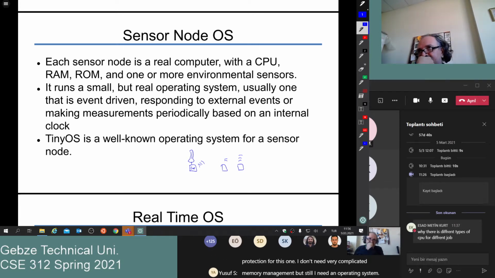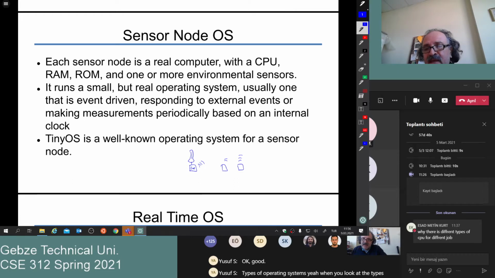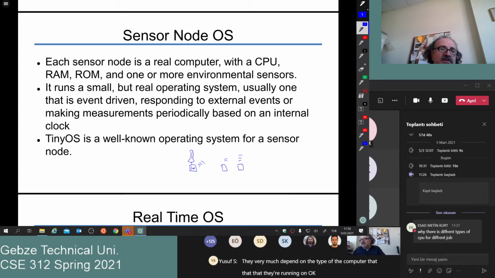Good. Types of operating systems. When you look at the types of operating systems, they very much depend on the type of the computer that they are running on. If the computer is small, then the operating system has to be small. If the computer is large, then the operating system is complicated.